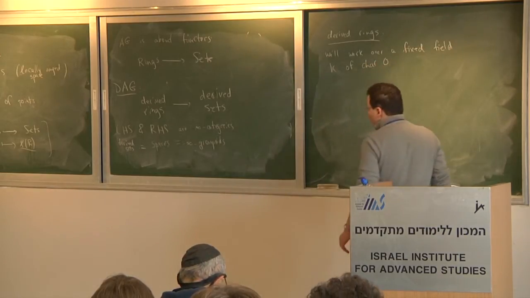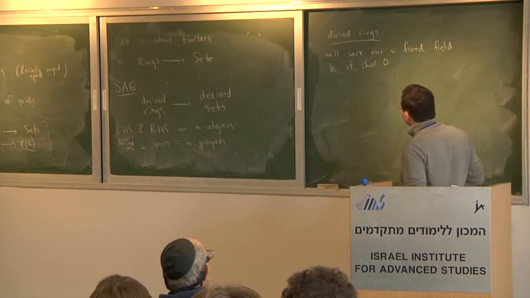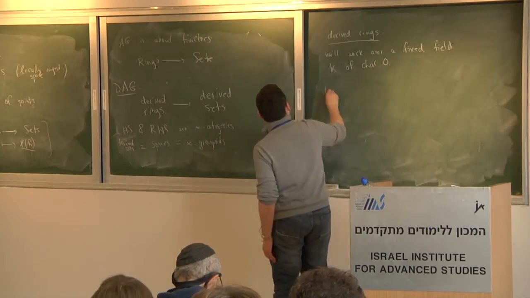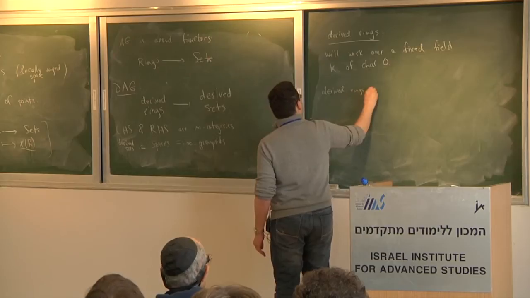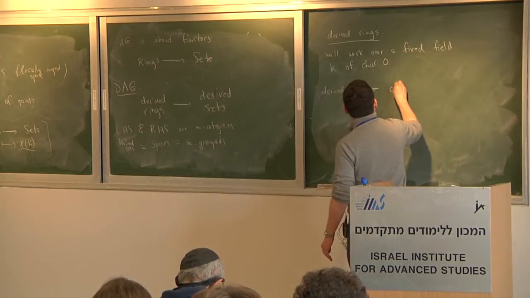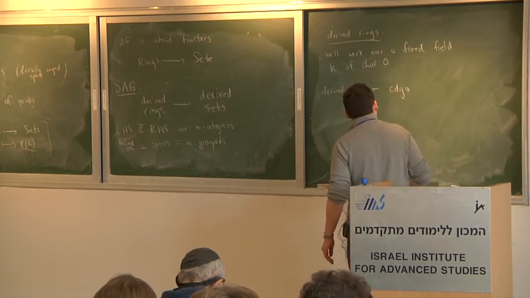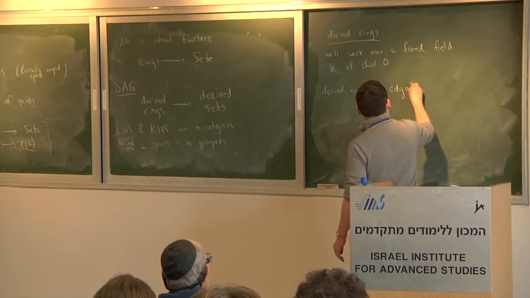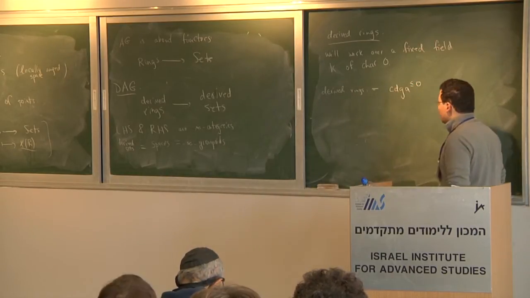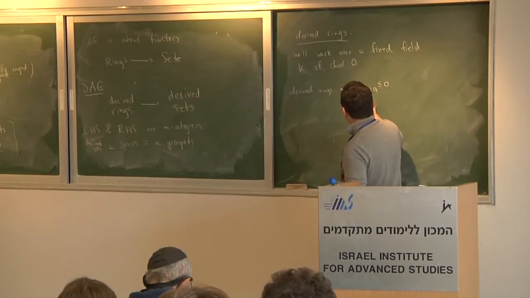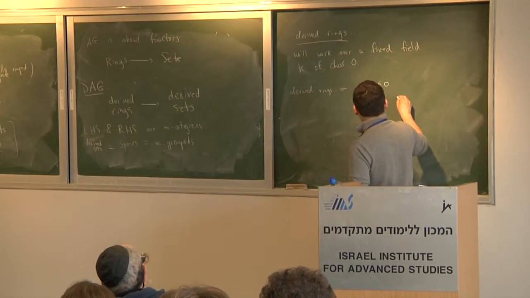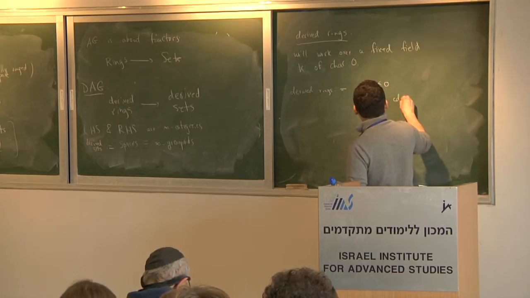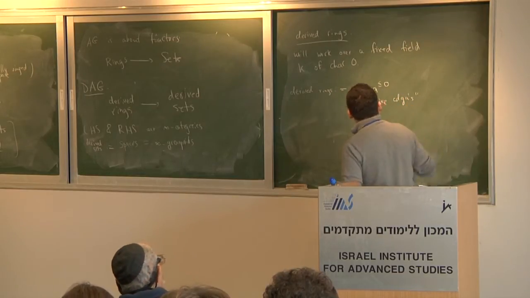Outside of characteristic 0, things are a little more subtle, but in characteristic 0, we can take derived rings. These will be the same as commutative differential graded algebras in non-positive degrees. So these are connective CDGAs. All right.